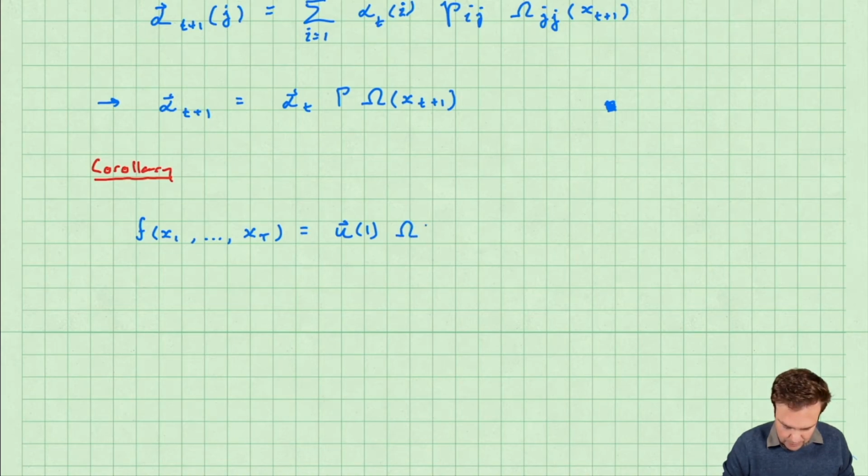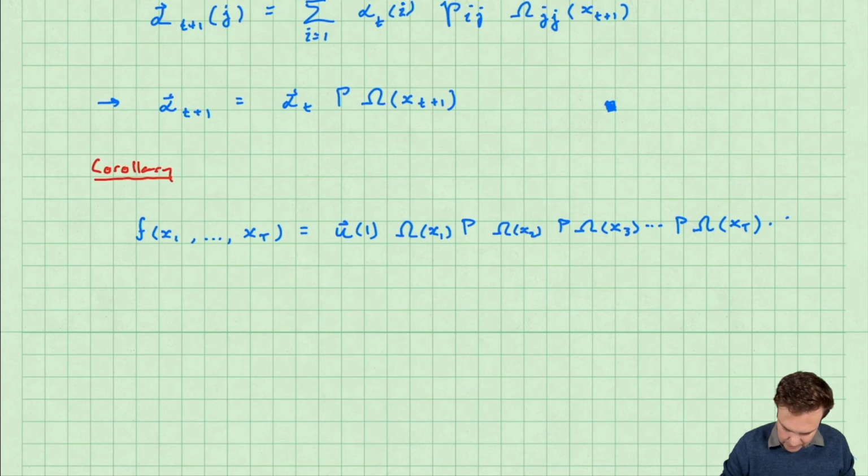So omega at x1 times P times omega x2 times P times omega x3, and so on, up until P times omega of xt, and then multiplying by a column vector of ones. So that is 1, well, 1 transpose looks like this.